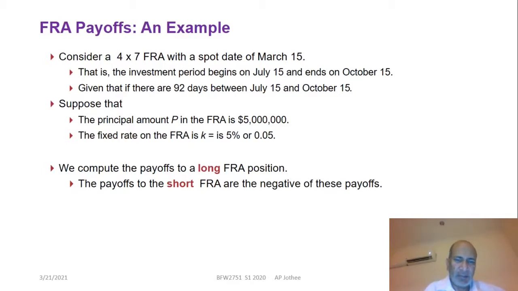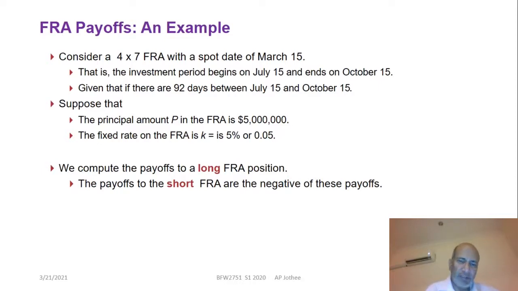Suppose that the principal amount P in the FRA is $5 million. The fixed rate, what we know now, K, is 5% or 0.05. Please pay a lot of attention to decimalizations of the percentages here. You can go terribly wrong in this. Be careful. Okay, we compute the payoffs to a long FRA position.